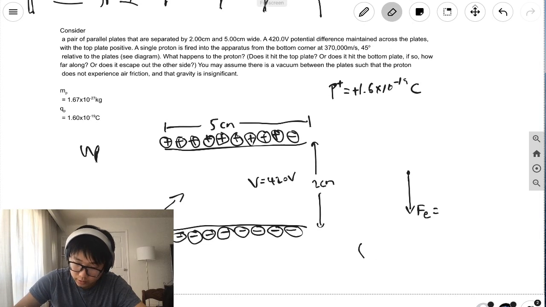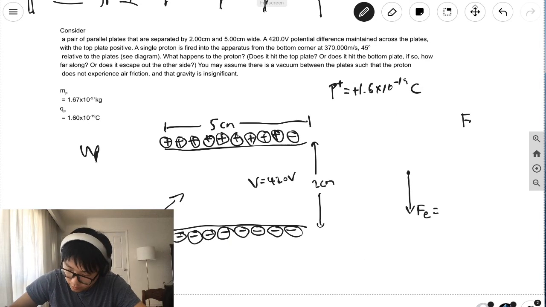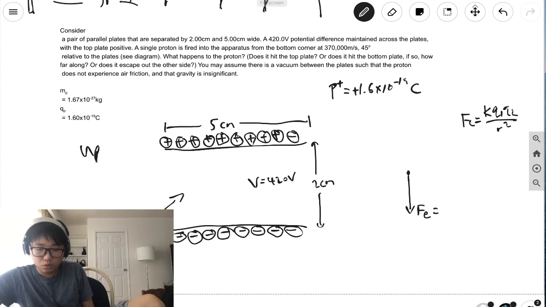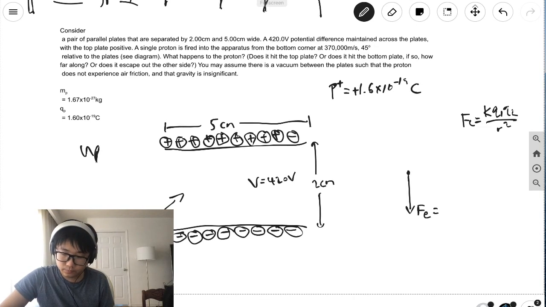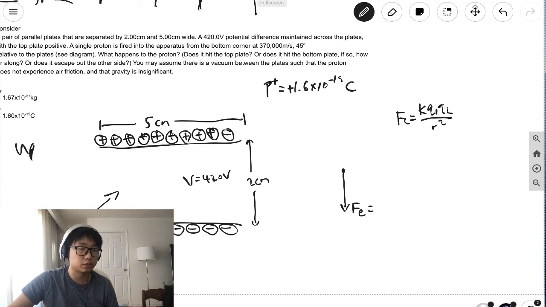Oh yeah, no, that's not the equation we want. I know that Fe equals K, the constant, Q1 Q2 over R squared, right? That's not such a useful equation here. Actually, this is the equation you use. So how would you use that in this context? That's not the exact equation I want, but you can derive it.